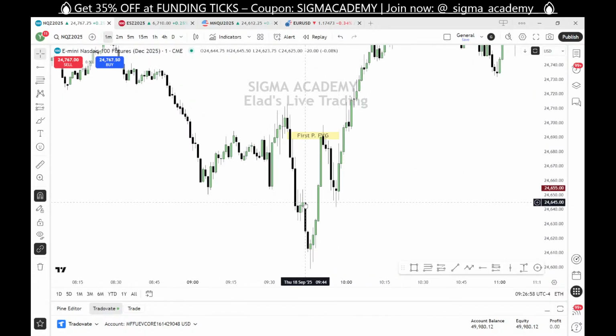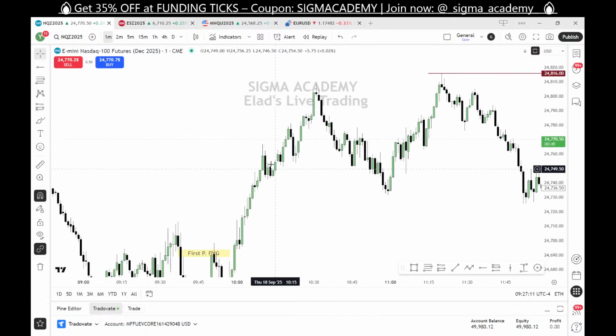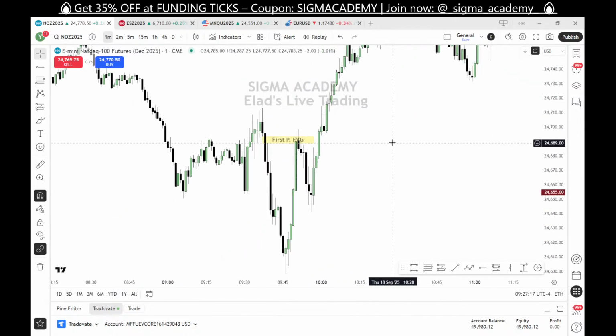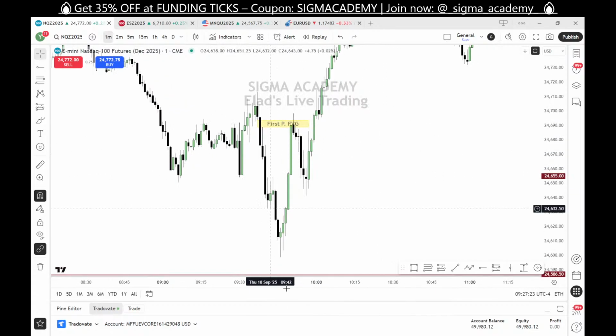As you can see right here, this down candle supports price to go higher. By the way, this little one also made a fair value gap, so it's valid too. Down candle sends us higher, down candle sends us higher, down candle sends us higher. So when you want to read the price, you should take care of these things.